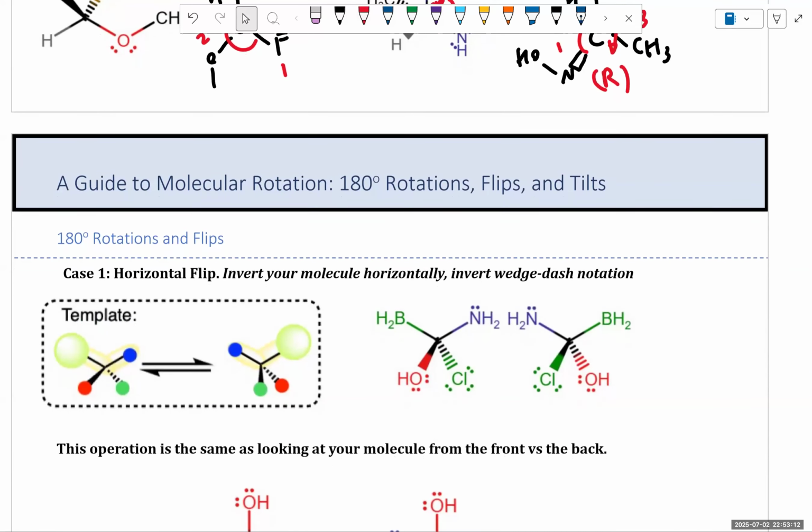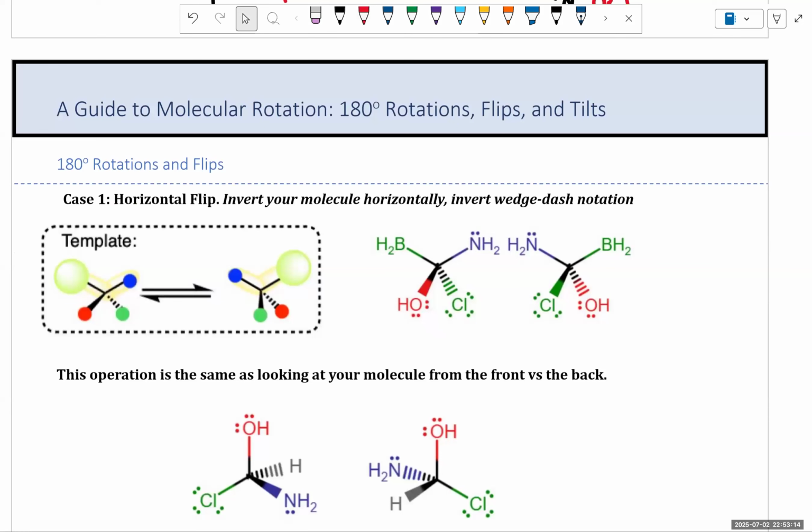Let's talk about another example of molecular rotation. And this example covers the horizontal and vertical flip. To this end, let's make a model and then we'll discuss.